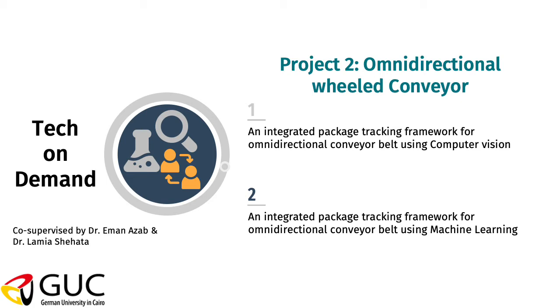So in order to make this conveyor operate in a more efficient way, we want to integrate it with a package tracking framework by adding a camera on top of the conveyor that can see the whole conveyor and all the packages on it at all times, and is able to actually determine which package is this and what is its exact X and Y coordinates, which cells is it occupying.